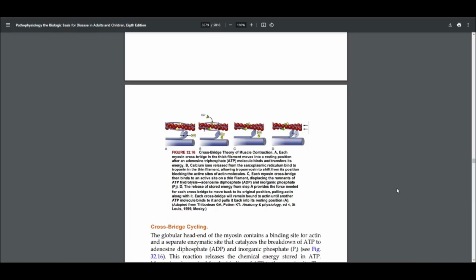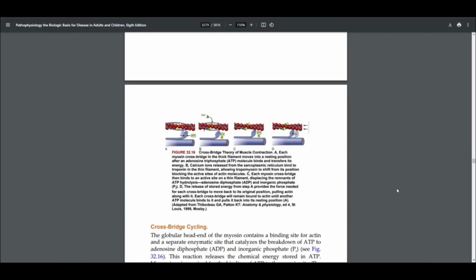And then in part D, the release of stored energy from step A provides the force needed for each cross-bridge to move back to its original position, pulling actin along with it.